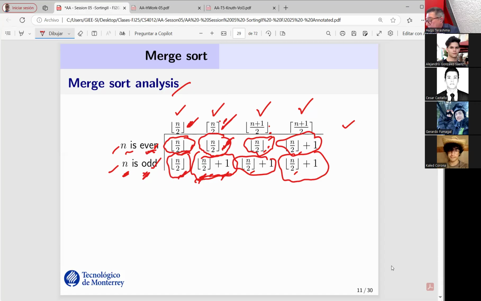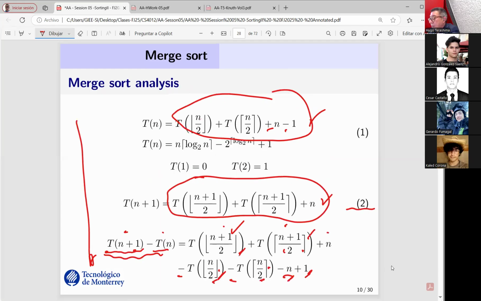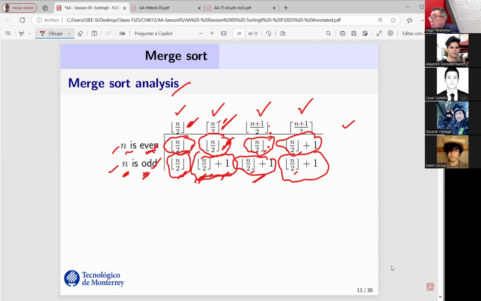But all those cases are in terms of n over 2 floor. Now, observe this. These two cases are the same, right? For n is even, these are the same. And for n is odd, these are the same.